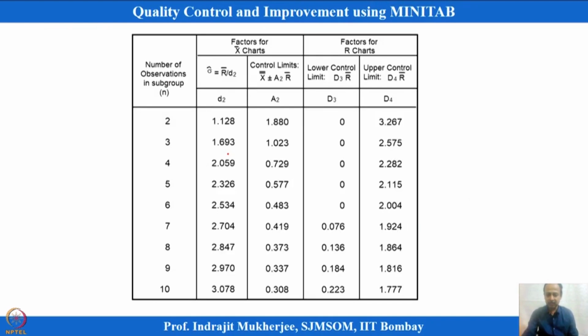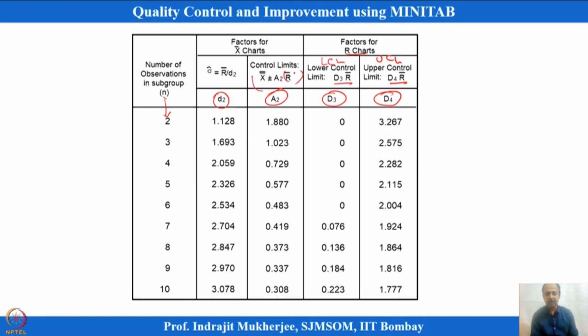Okay. And then we have considered over here that according to the value of subgroup size, we have specific values of D2, A2, D3 and D4, which are used for the limit lines. The upper control limit line for the R chart is D4 R bar, and D3 R bar is the lower control limit line. So, LCL and UCL, these are the control limit lines. For the x bar chart, this is x double bar plus or minus A2 R bar.